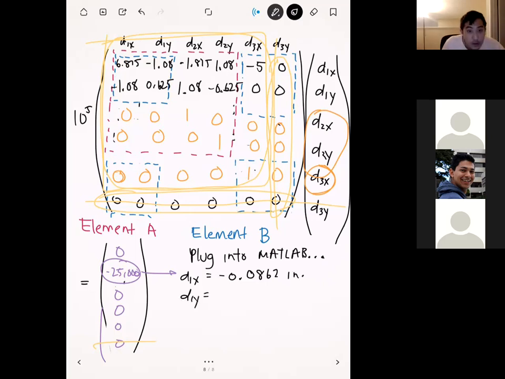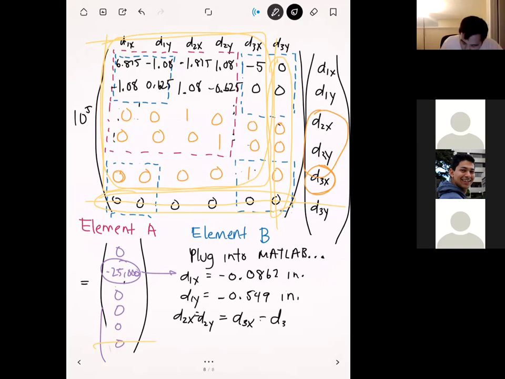D1y is equal to minus 0.55 inches, or 0.549. And then everything else here is going to be 0 because those are supports, right? And so we have D2x, D2y is equal to D3x, and also D3y.